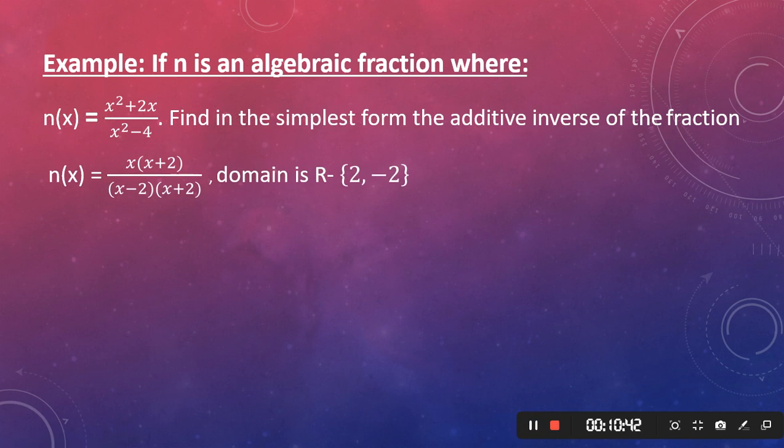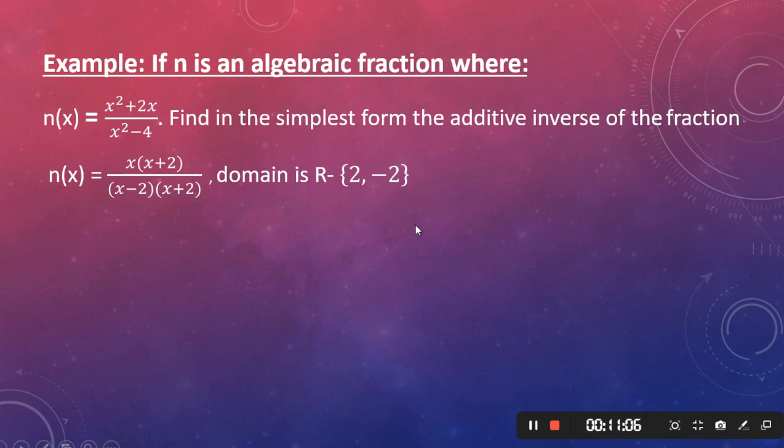If it is positive it will be negative, if it is negative it will be positive. So the additive inverse, we just change the sign. N of x equals, I will simplify n of x, factorize up and down, x times x plus 2 over x minus 2 times x plus 2.